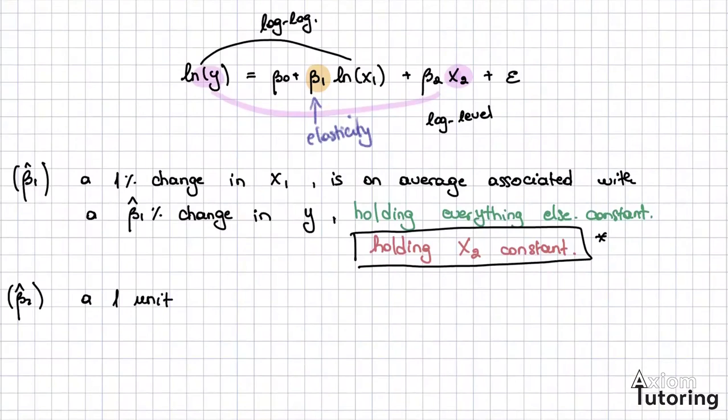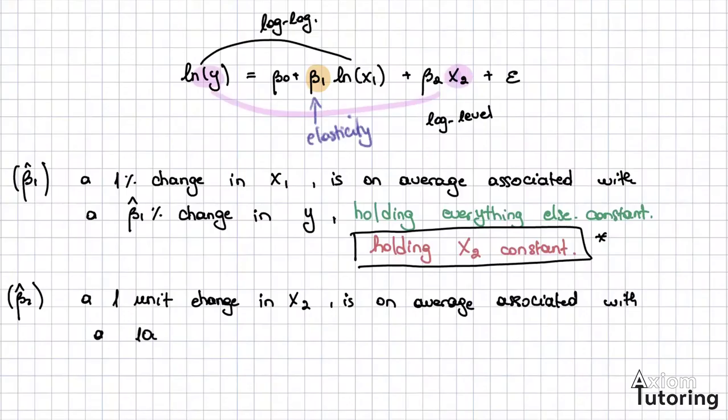A 1 unit change, increase, or whatever you want to say in x2 is on average associated with a 100 times beta 2 percentage change in y.